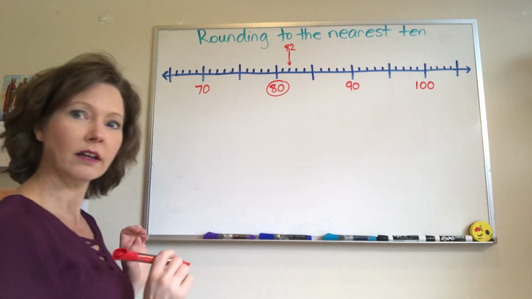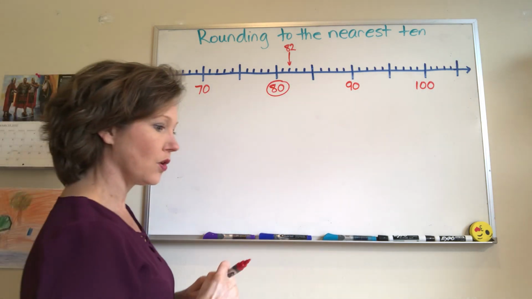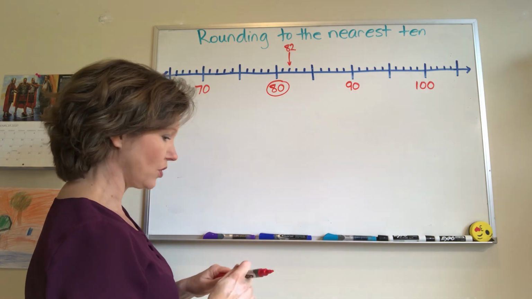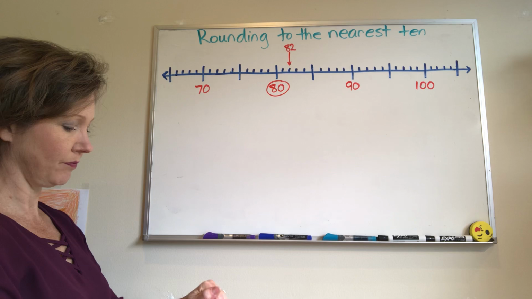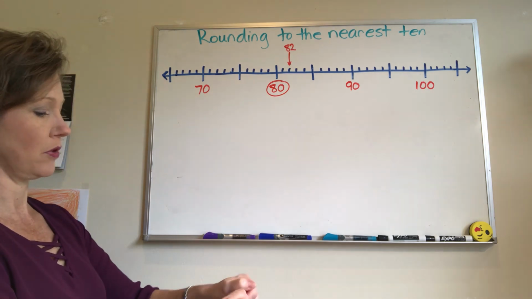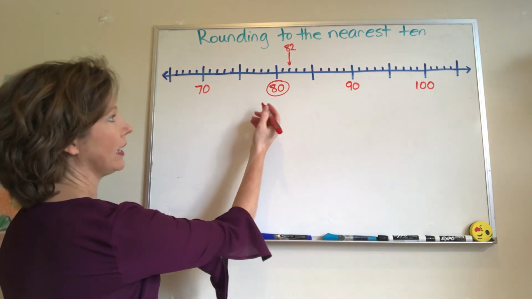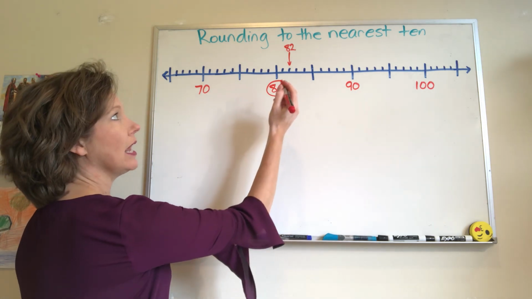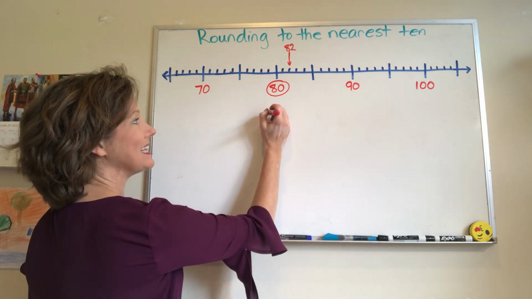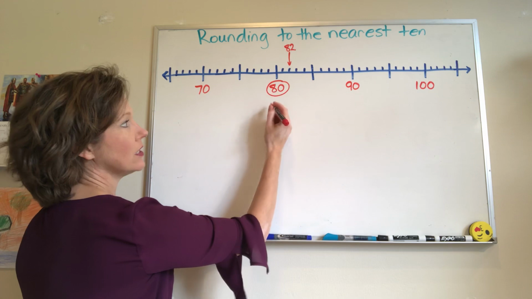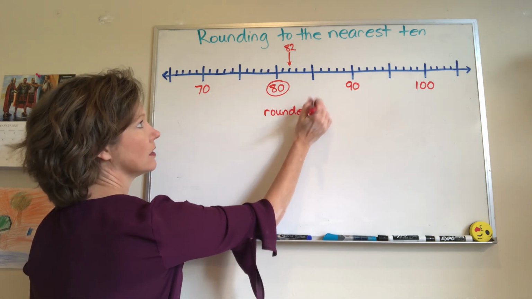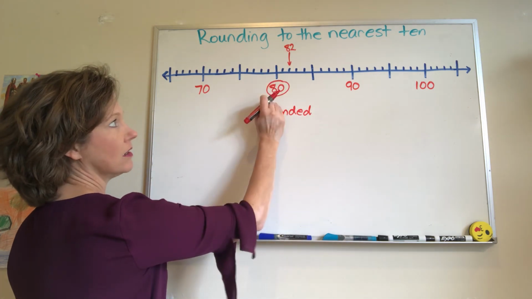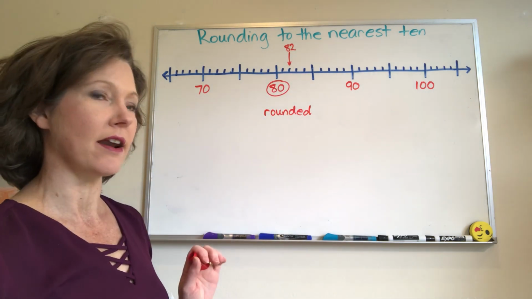Do you see that? Okay, so you can round then. You could say that 82 is about 80. Or you could say 82 is 80 when rounded to the nearest 10. We rounded it to the nearest 10 because it was closest to that number.